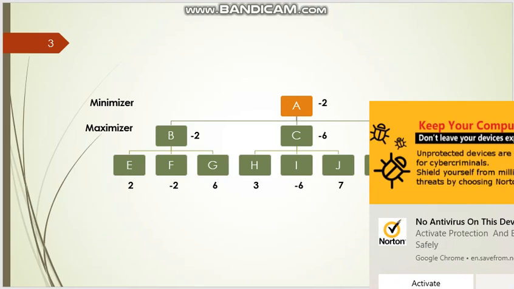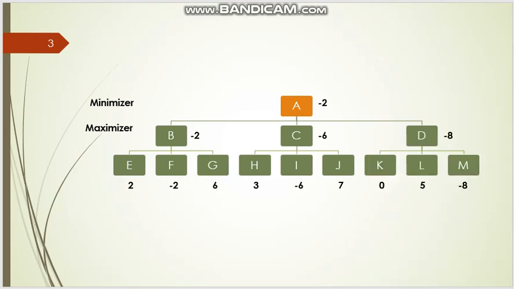If it is a maximizer, then the highest value will be taken by the maximizer. So the highest value is plus 6, so it will be plus 6. Here the highest value is 7, so I will write plus 7 over there. And here it is plus 5, so I will write plus 5 over there.